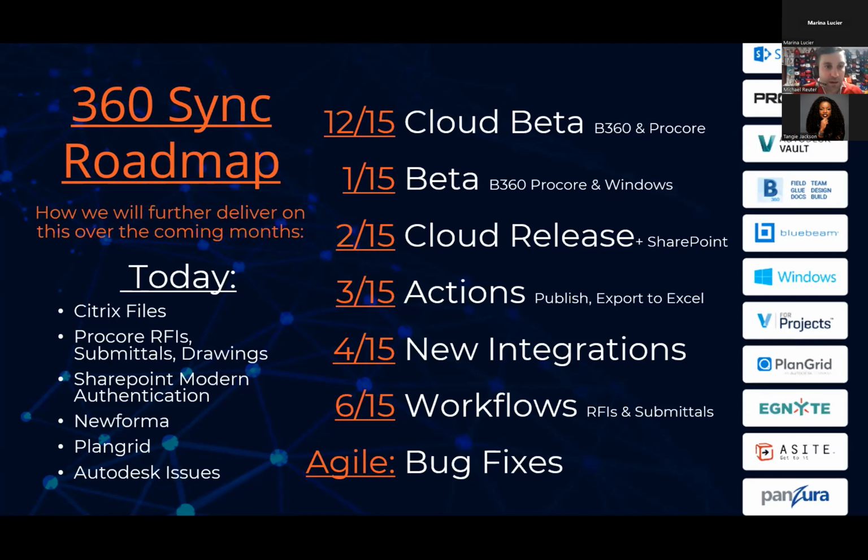That will include the last 3 things over here on the left: new Forma Plan Grid and Autodesk. It will also give you access to the BIM 360 and Procore Cloud Beta, and it'll also give you access to 360 Sync on the cloud moving forward. So you'll have the option to do that.